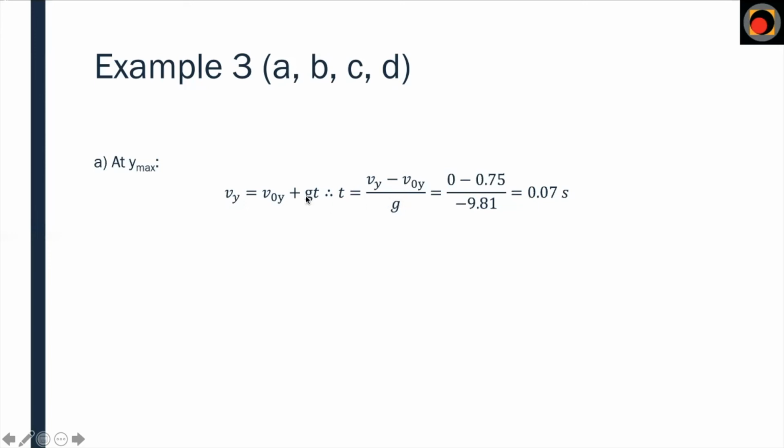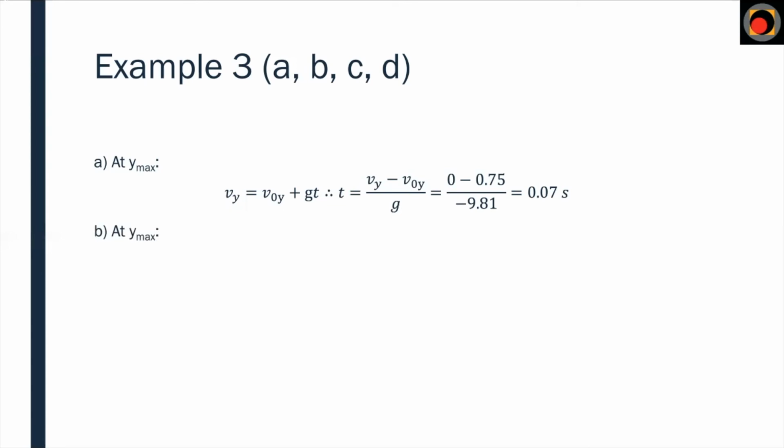What I did is I passed this Voy subtracting to the left and then dividing everything. And then just substitute values: 0 for the velocity on Y, minus 0.75 for the initial velocity on Y, and minus 9.81, and it gives us 0.07 seconds.